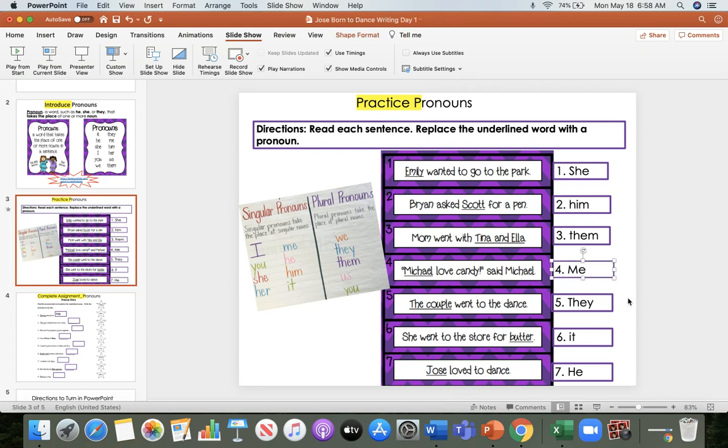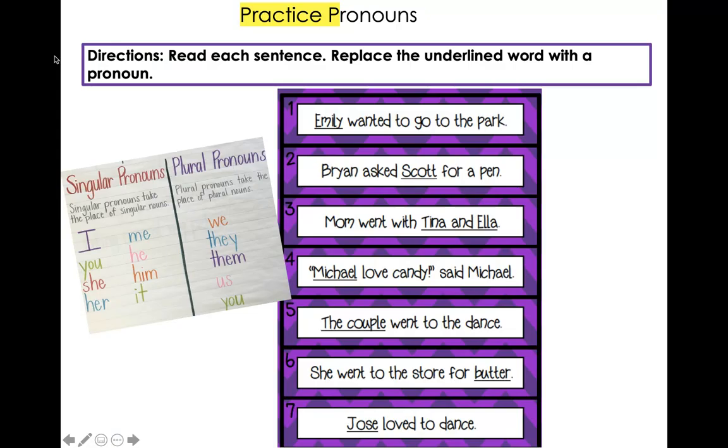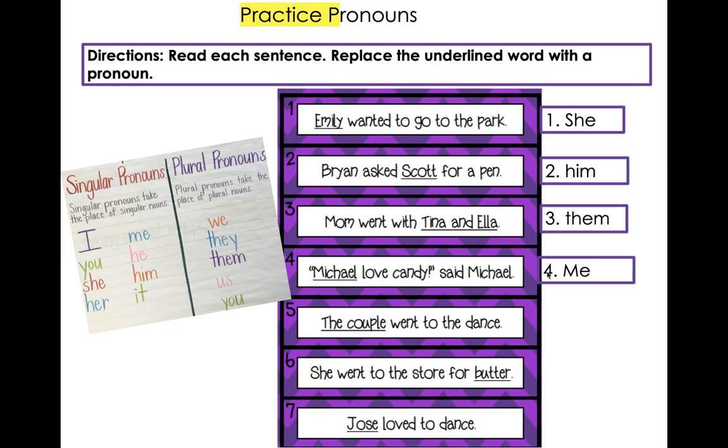So I'm going to go ahead and fix that one. That one was a tough one because it's not proper English, but it sounds like it might be a baby that's saying it. So, me love candy, said Michael.